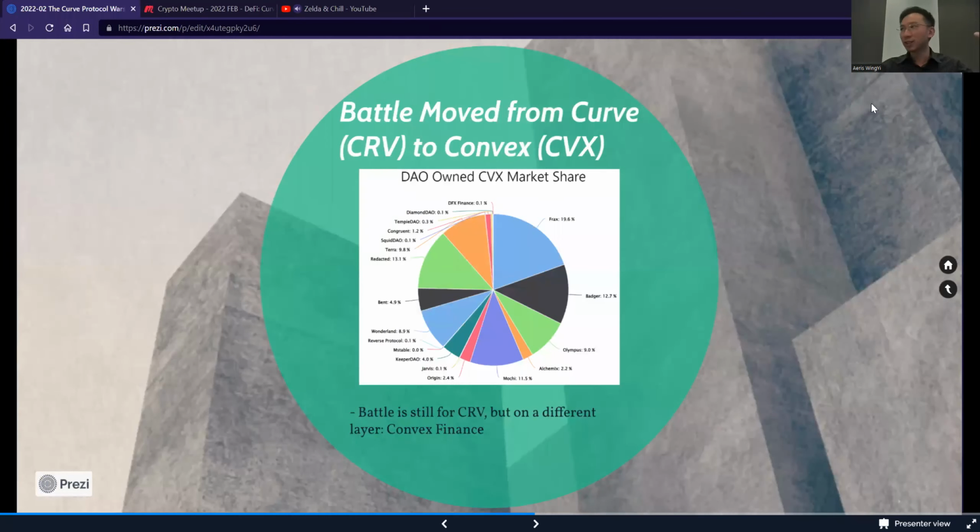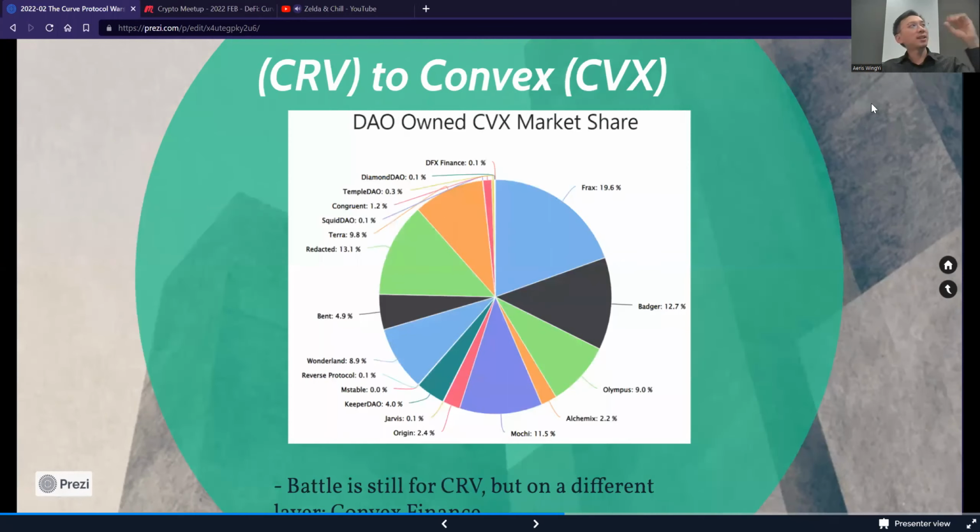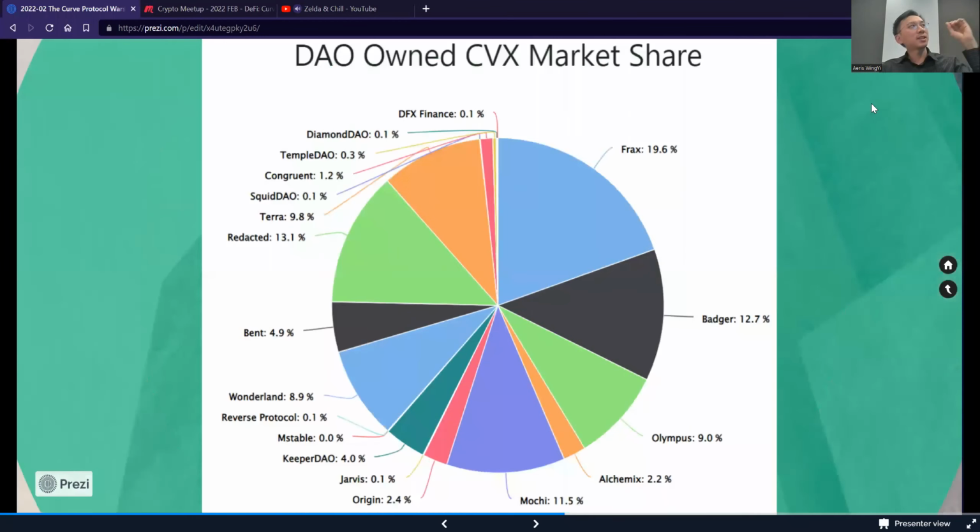So originally the battle for the Curve wars was on Curve, but in the past year, it has moved to the Convex system. So DAOs, which are decentralized autonomous organizations, have started accruing more Convex CVX tokens to get a share of the pie to figure out where the Curve rewards go.